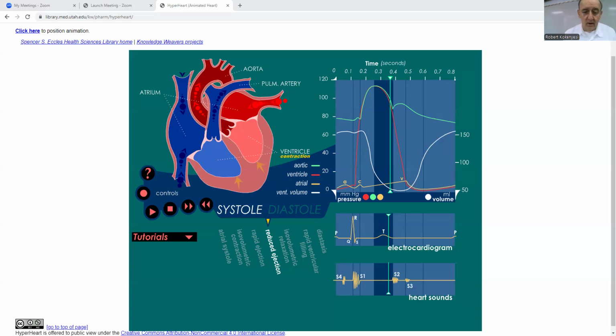This blood flow is created next to closing heart valves, so a heart sound indirectly tells us that a heart valve is closing. For the S1 sound, it's the atrioventricular valves, and for the S2 sound, it's the semilunar set of valves that are closing, and blood flow around them creates the sound.